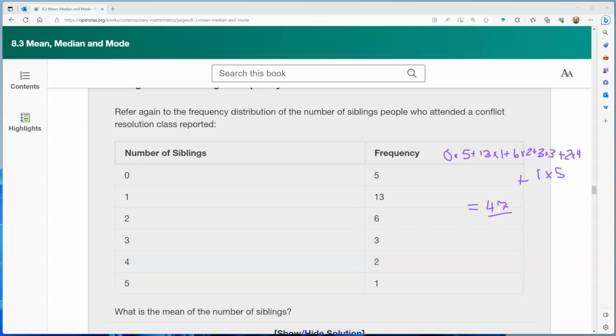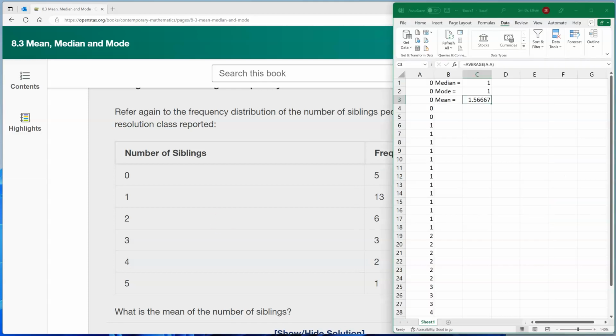And then we're going to divide that by the total number of things that there are. There's 30 things. If you do that calculation on your calculator, you get 1.56 repeated forever, which is exactly what we get from the Excel spreadsheet. Just to show you that step by step, if we do equals sum, I'm just showing you how this works.